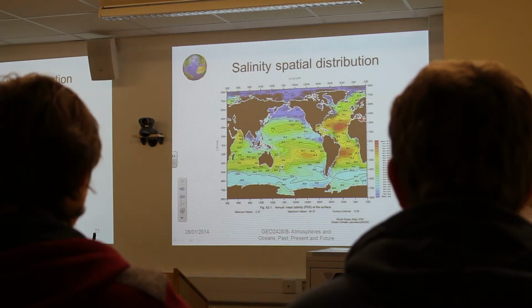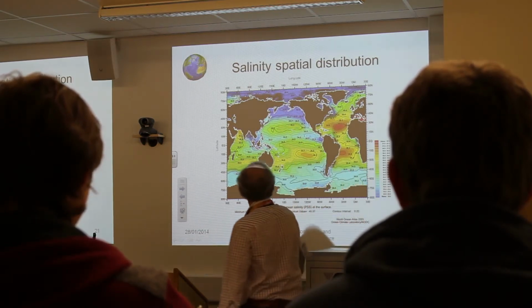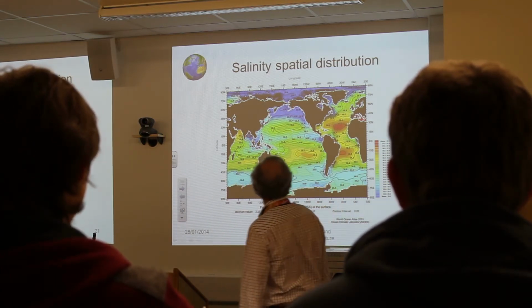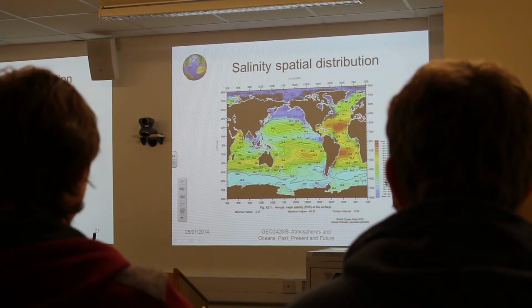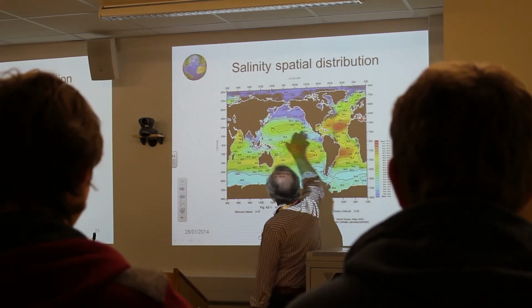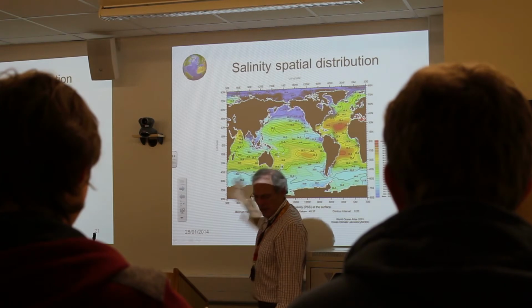And then it's evaporated off as well, so it's wonderful, warm and dry. And you can see these odd places where there's high salinity. Another place you might get it is where you've got a lot of sediment being brought into the oceans from big river deltas.